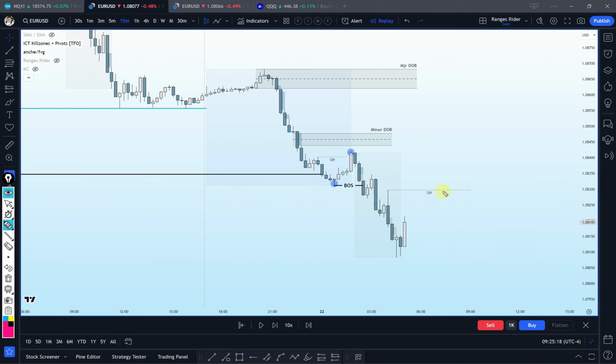But if the market really takes this one, then above this one, we are looking for the decisional order block. And then we have the entry. And this is the confirmation entry. In this case, we wait and see if we can get some kind of lower low, lower high, something like this. We are on the 15-minute time frame.